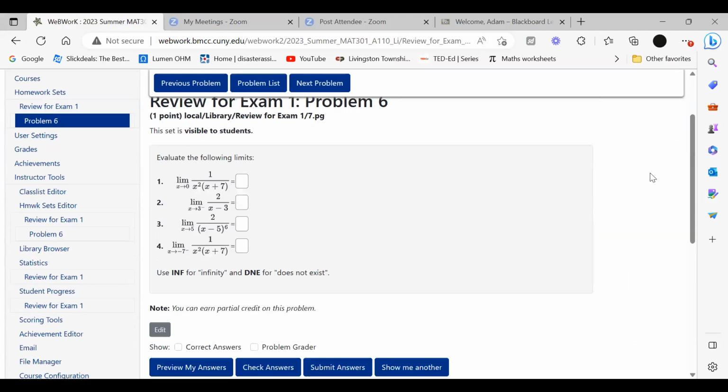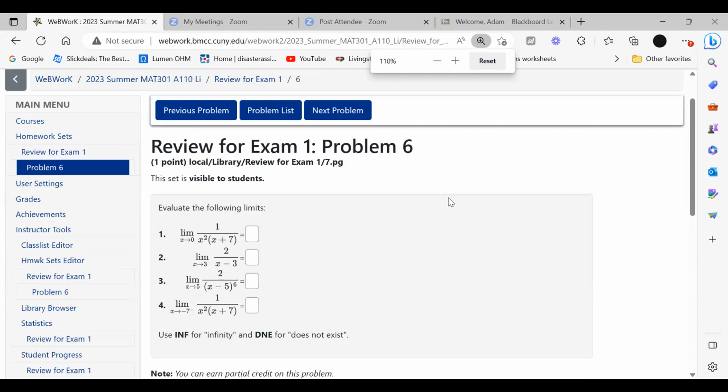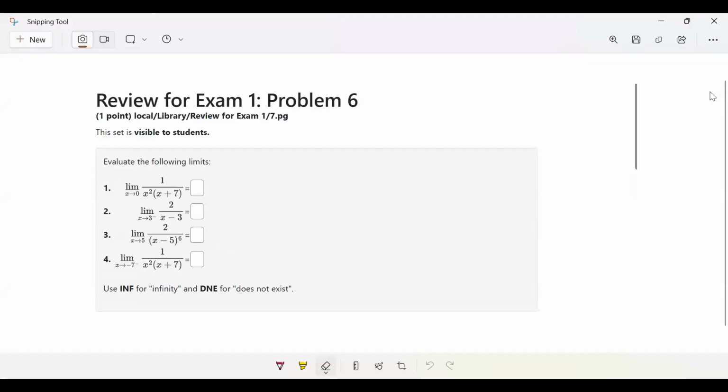Number 6. And what are we doing for number 6 here? What is it about? Anybody remember? For this one is the infinite limits. Yeah, exactly, right?